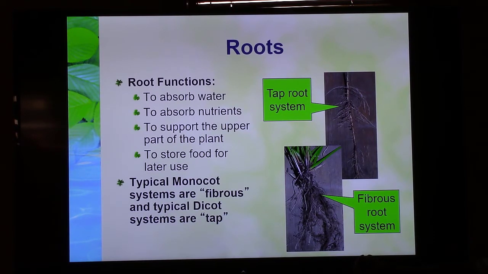Now, if the plant is very old, it may be less apparent that there was a taproot in the beginning, because some of these branches off to the side may have gotten so big over the years that they're all about equal. But that's often true on a young plant, like when you're out there pulling weeds, and you're jerking up weeds. You can probably tell by the roots whether you're jerking up monocots or dicots.